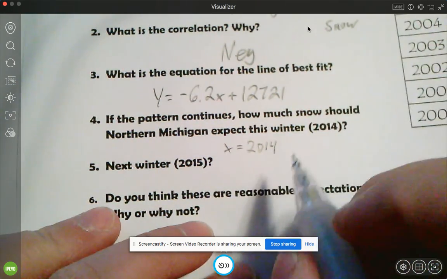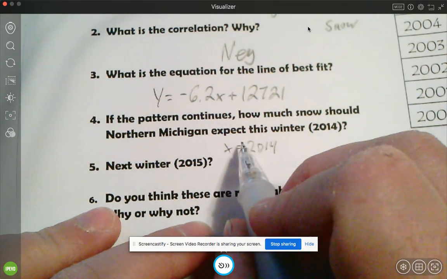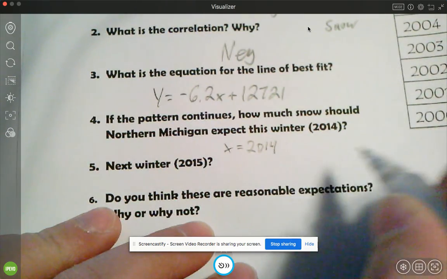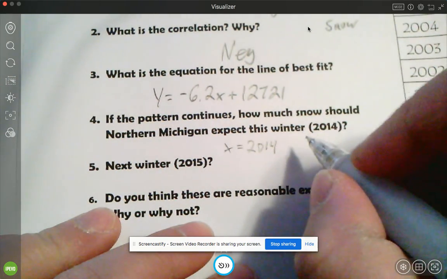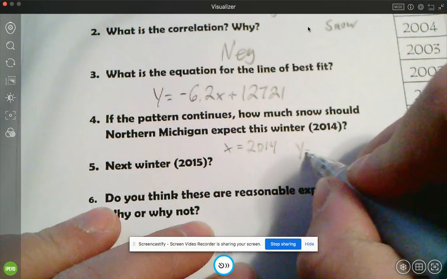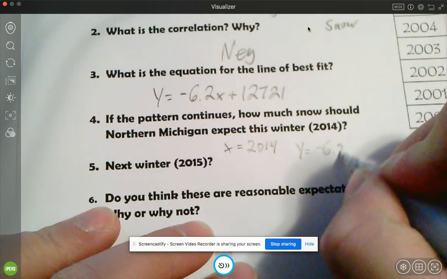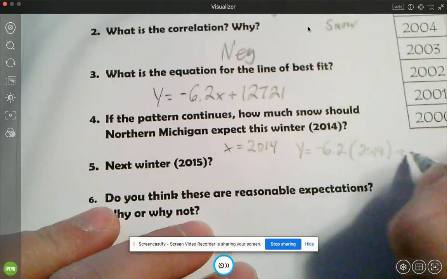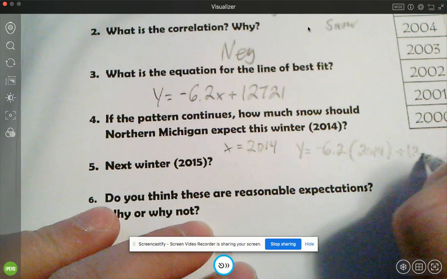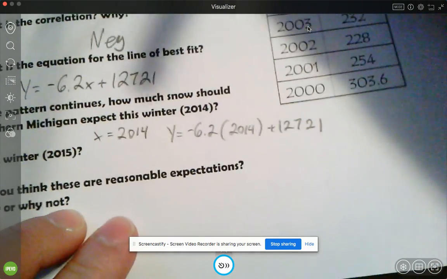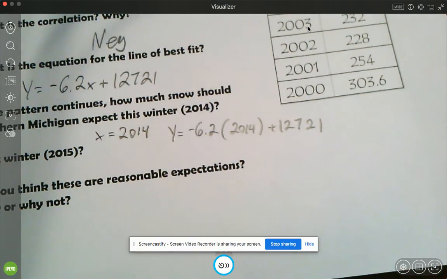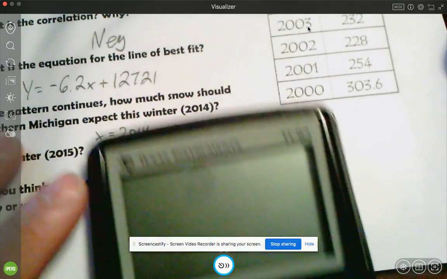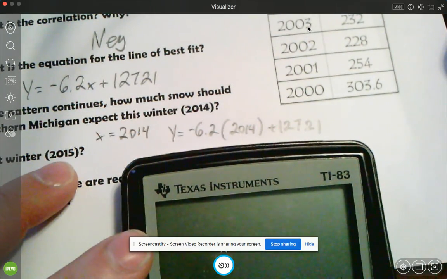What's the prediction? And this says expect this winter. So this was made in the year 2014. So you're going to write y equals negative 6.2 times 2014 plus 12,721. Okay, so now I'm going to do that in my calculator. See if I can show it here. Maybe you can see it.